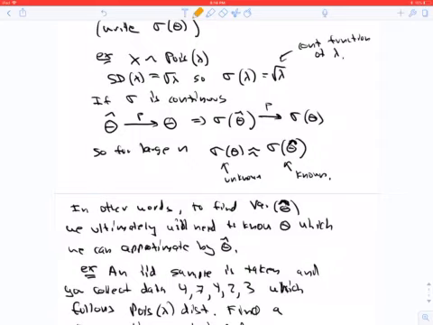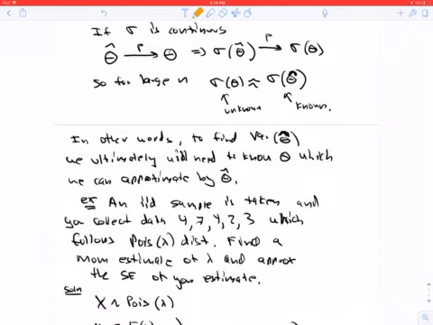So for large n, the unknown sigma of theta can be approximated by sigma of theta hat. In other words, to find the variance of theta hat, we're ultimately going to need to know theta, which we can approximate by theta hat.